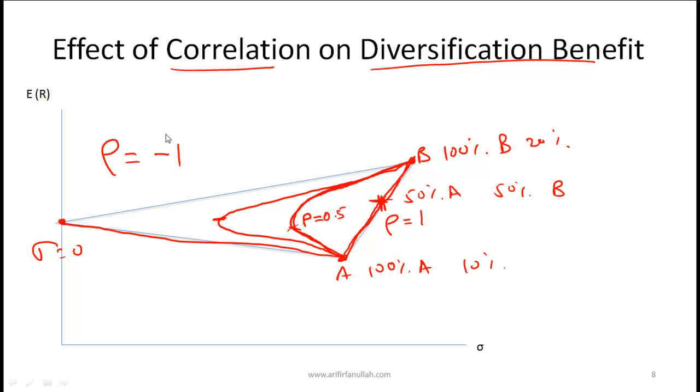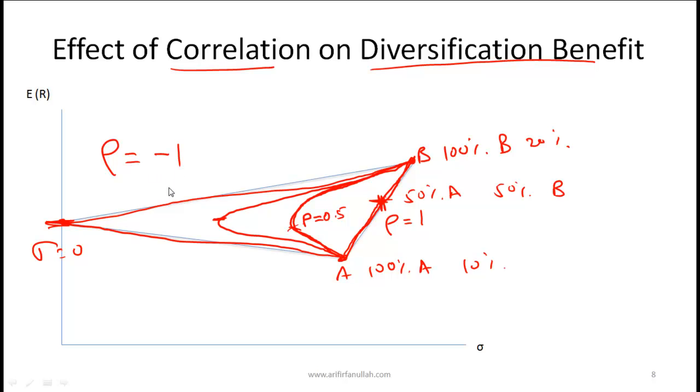So if A and B have a perfect negative correlation, we can figure out a certain weightage of A and B that gives us a reasonable expected return between 10 and 20% at 0 risk. But this is just a theoretical limit, because finding two stocks with a correlation of -1 is nearly impossible.